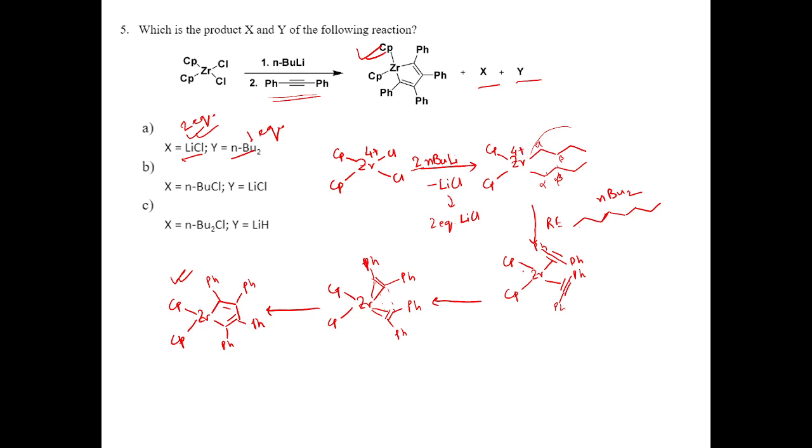So there is no way that two of them will participate equally, I mean conjugate with this thing. Then it would be plus 6 state, but zirconium's highest oxidation state is plus 4. So this type of thing will not actually bind with the metal complex.